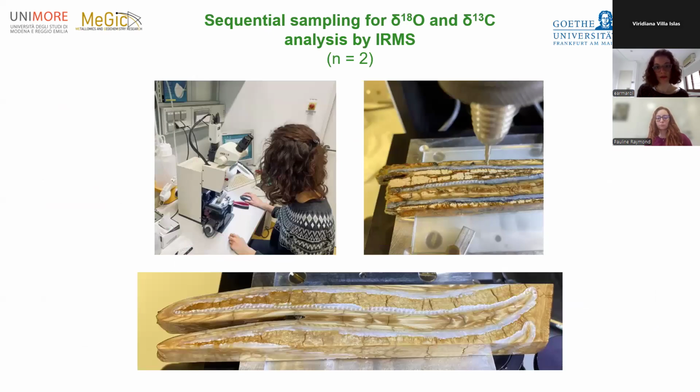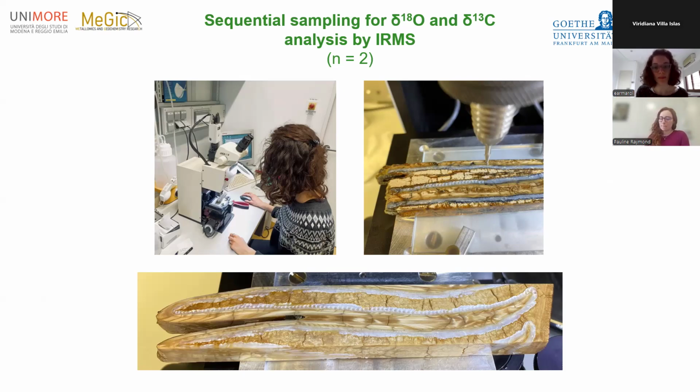So going ahead with carbon and oxygen isotope analysis, for this analysis, we selected only 2 teeth. The one non-local male and one possible female, which has local strontium values, to see if there were differences between male and female, but also to see if there were differences in terms of diet and habitat for the local and non-local individuals.